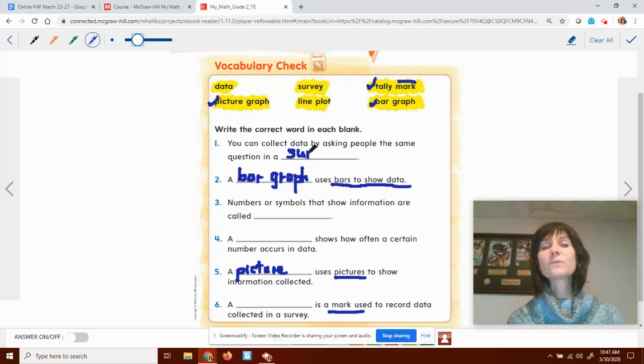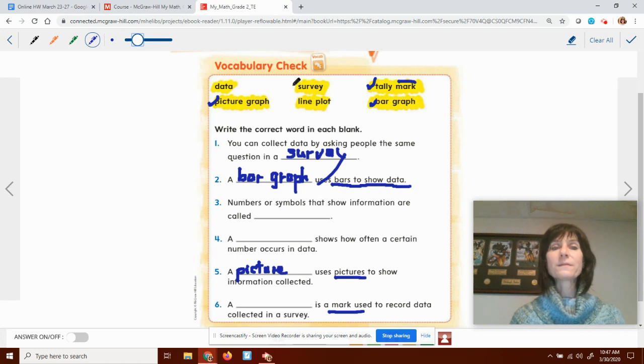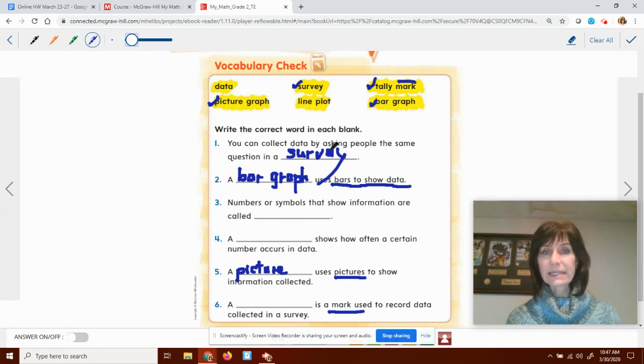So we need to write the word survey. Again, the spelling's right up there. So make sure you spell it correctly. My pen's a little fat there, so you can't tell that that's an E, but it is.